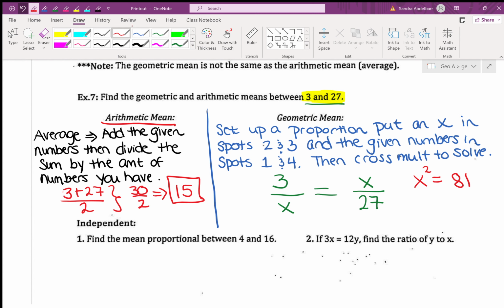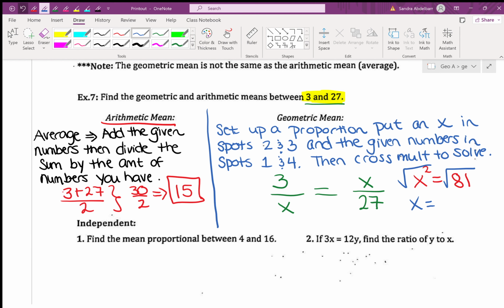We are going to solve this. To undo a square, you are going to take the square root. So you're asking yourself, what times itself gives me 81? 9 and what else? 9. What kind of 9? Positive 9. Wait, Olivia? Negative 9, right?